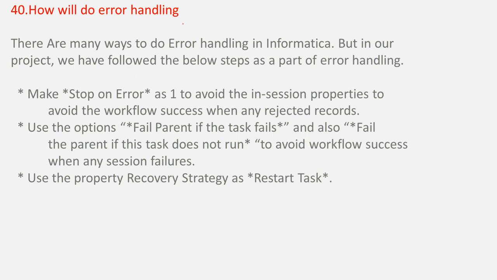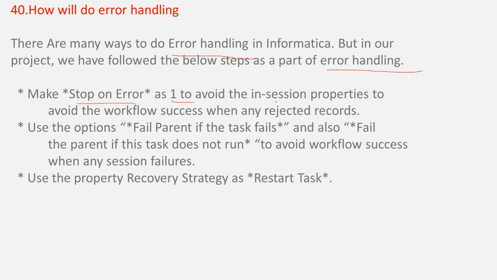How do you do error handling? There are many ways to do error handling in Informatica, but in our project we followed the below steps. Make stop on errors equal to 1, meaning if any one error occurs, it will stop.